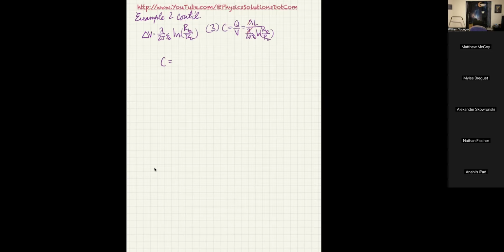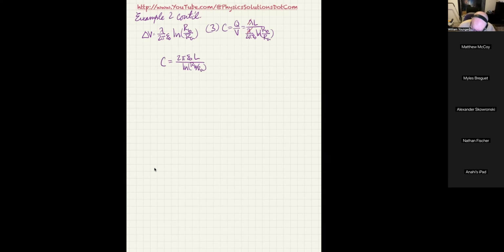So finally, I can tell you that the capacitance is actually equal to, notice the lambdas canceled out, 2 pi epsilon naught times L divided by the natural log of RB over RA.